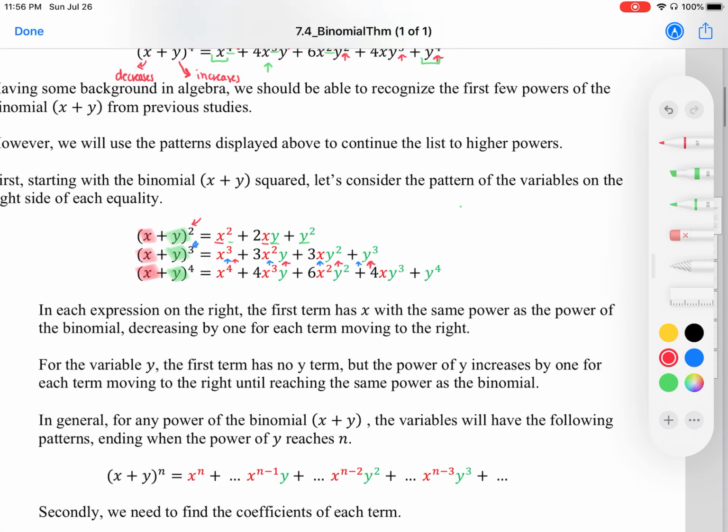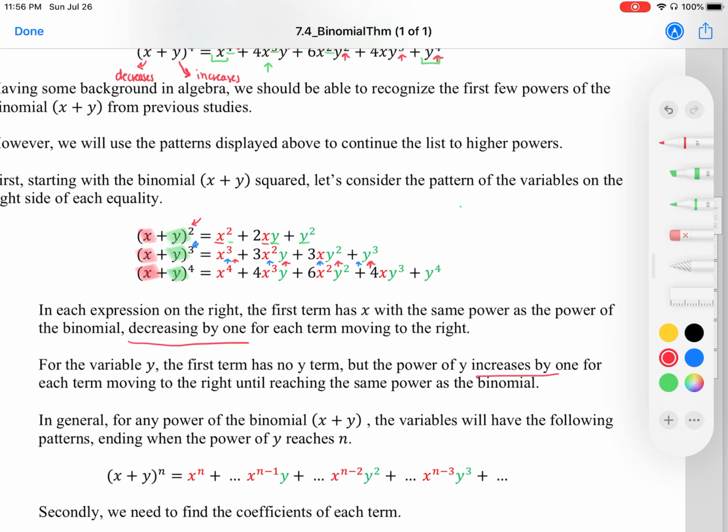In each expression on the right, the first term has x with the same power as the power of the binomial, decreasing by 1 for each term moving to the right. For the variable y, the first term has no y term, but the power of y increases by 1 for each term moving to the right until reaching the same power as the binomial.